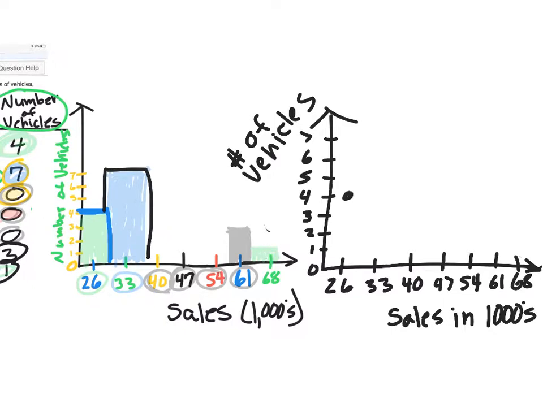So now we're simply going to place a coordinate right there. The 40 obviously didn't have anything. Now before we didn't place a bar, but we still need to place something on the graph in this case to represent that. So we are going to put coordinates here at 40 and 47 and 54 to represent the fact that no number of vehicles fell within that number of sales.